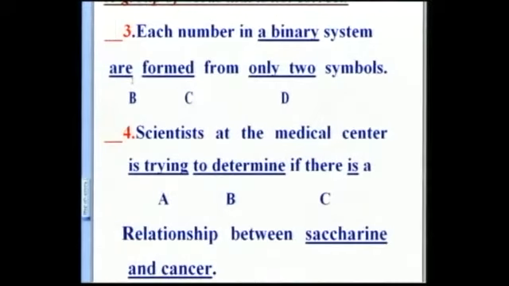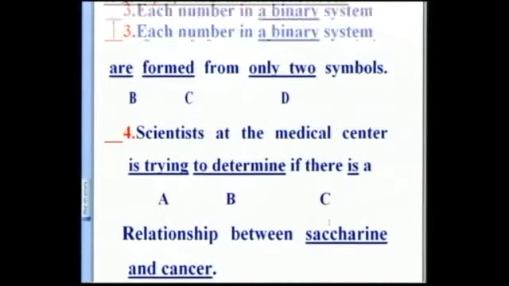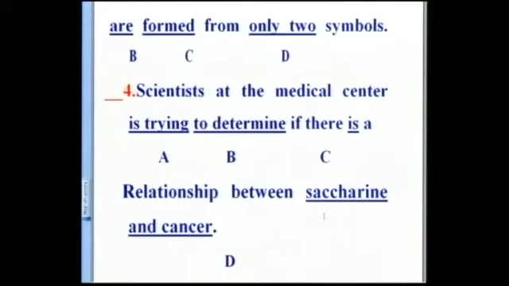Scientists at the medical center is trying to determine if there is a relationship between saccharin and cancer. طيب أنا عندي A اللي هي is trying وبعدين to determine دي B و is دي C saccharin and cancer كلها على بعضها D. طيب فين الغلطة هنا؟ الغلطة أنا بقول scientists is trying that's the verb. طبعا هي غلط، عشان تبقى صح لازم تبقى scientists are trying.